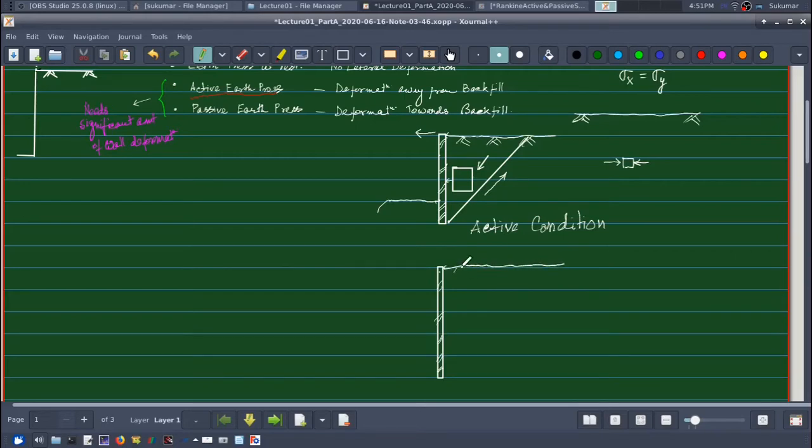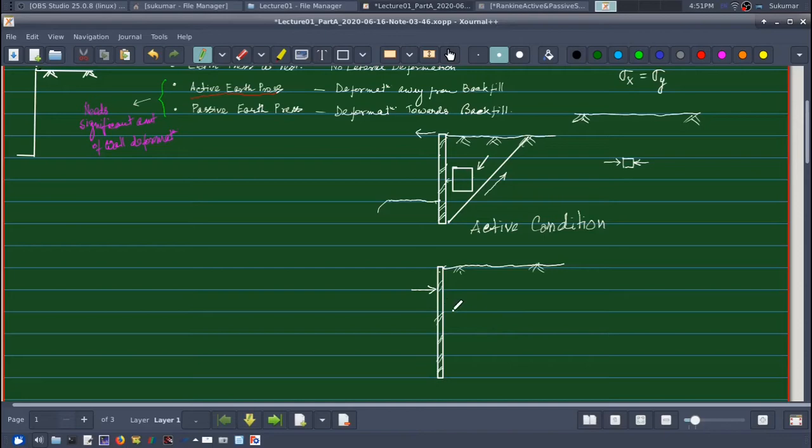In this direction I have the backfill. Now suppose due to some reason the wall is pushing the backfill. There can be different conditions, real conditions, where this situation arises.